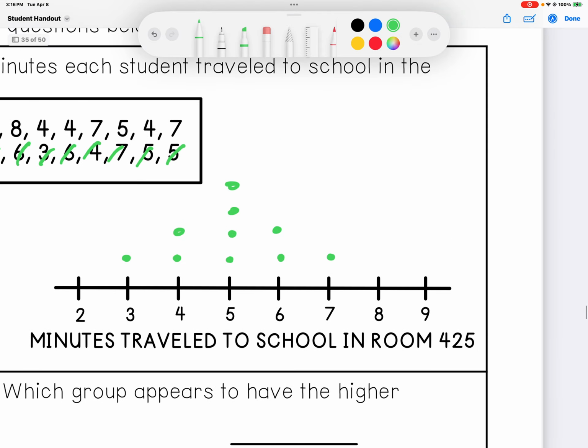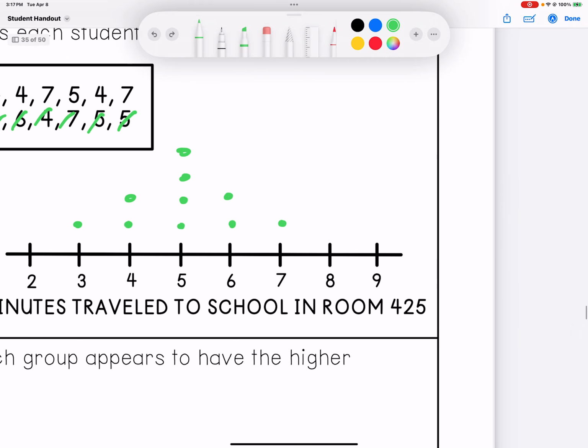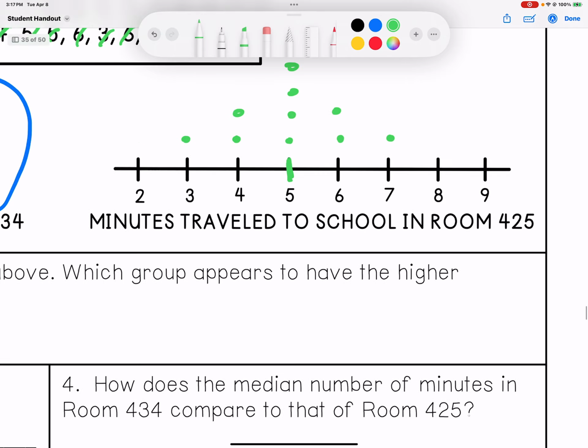If we go back over there and look, 1, 2, 2, 1, and then it goes up at the top. You can see it looks like the house roof there. Now, just because it looks like a house roof doesn't always mean it's symmetric. If it had been off center, it wouldn't have been symmetric. But 5 is the center, so it is symmetric.